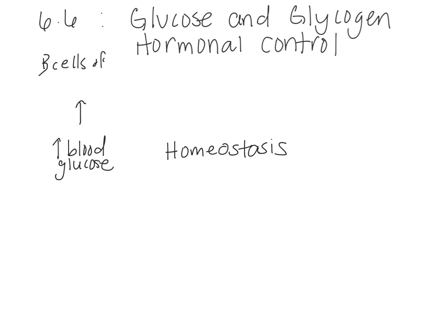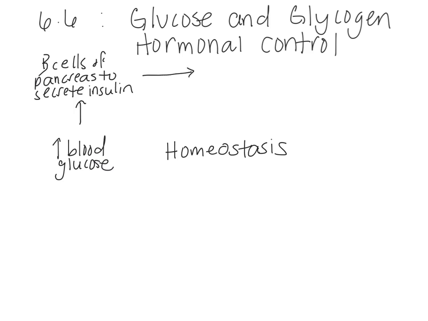Okay, this increased blood glucose level is going to cause the beta cells of the pancreas to secrete insulin. Okay, and that insulin is going to cause two things to happen.